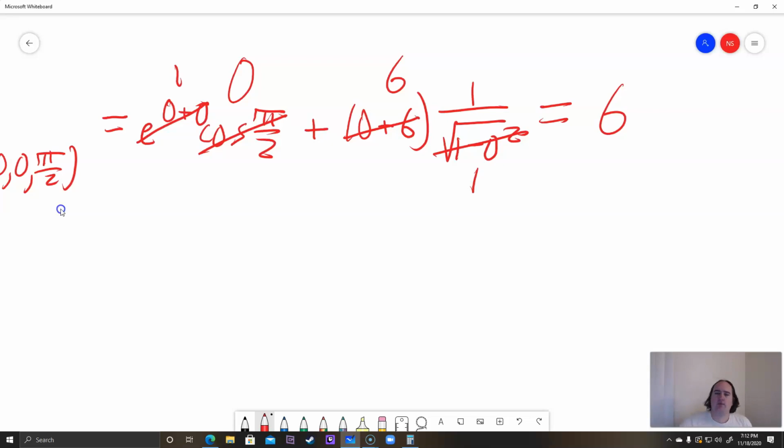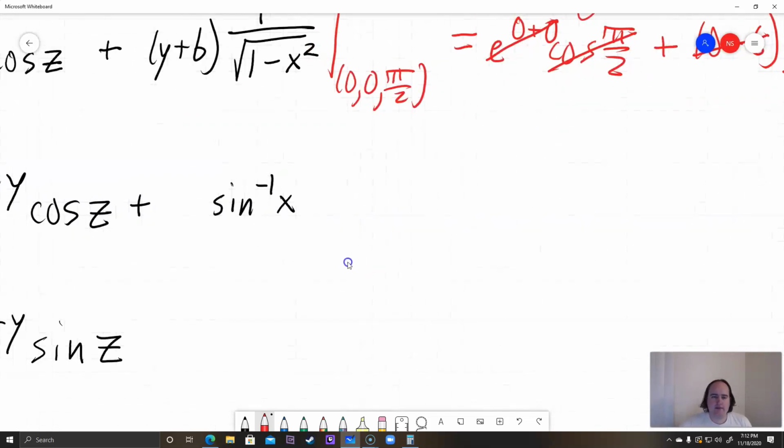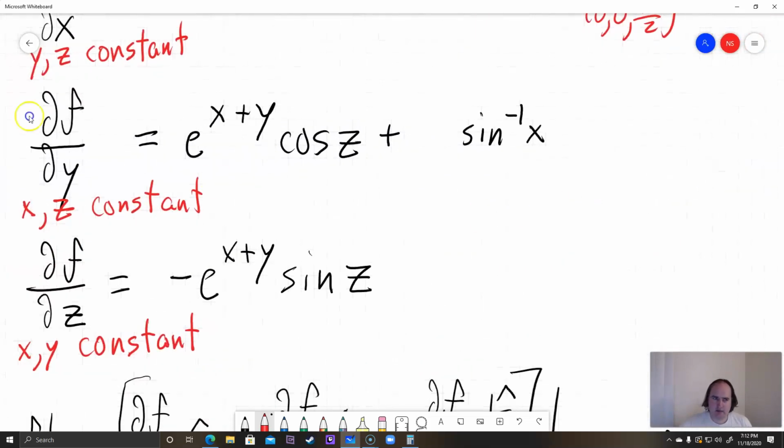All right, cool. And then we have to plug in for the other two derivatives. So for the next one, we're going to find partial f partial y, evaluate it at the same point, 0, 0, pi over 2.